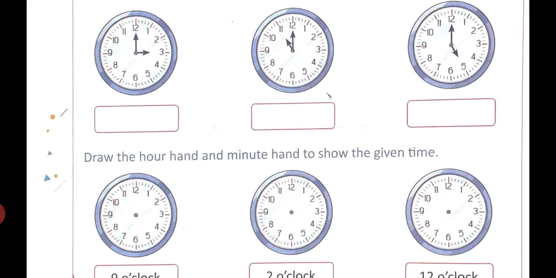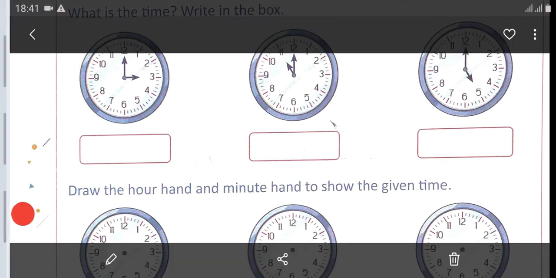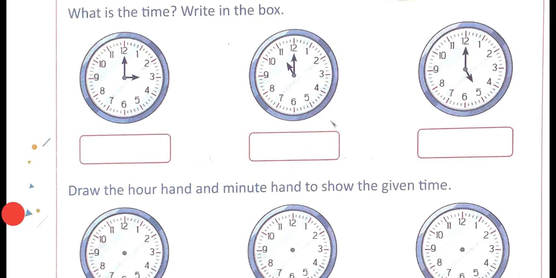As I can see the clocks here, they have been given in your books also. Please see what is the time in the box. First of all, I want you to know what a clock shows you.